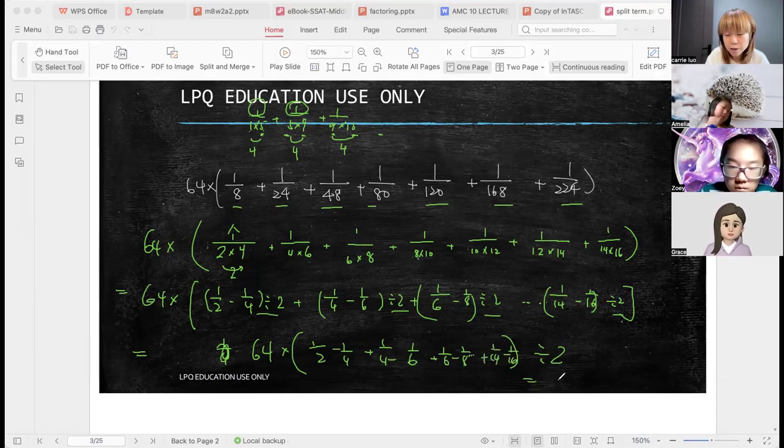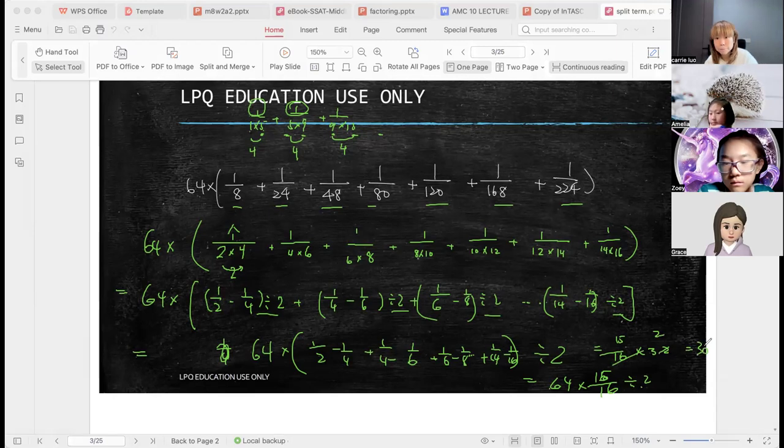So what is the question? 64 times 15 over 16 divided by 2. So equals 15 over 16 times 32, because 64 divided by 2 equals 32. So you can calculate it. The answer is 30.